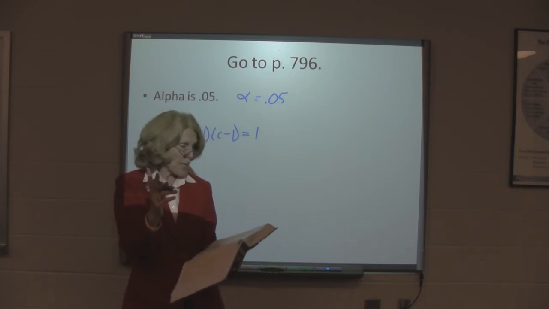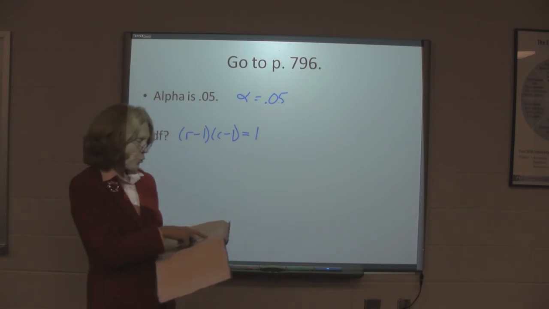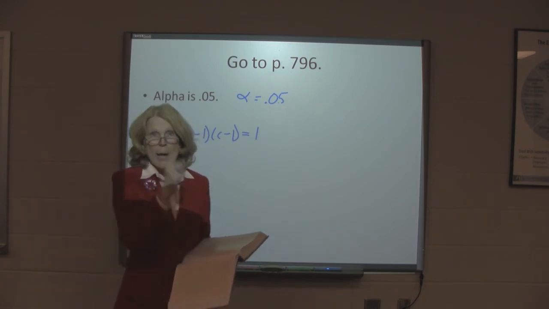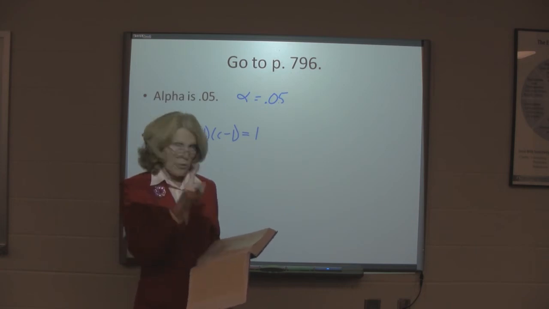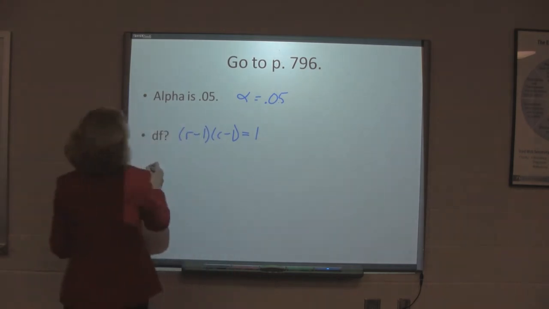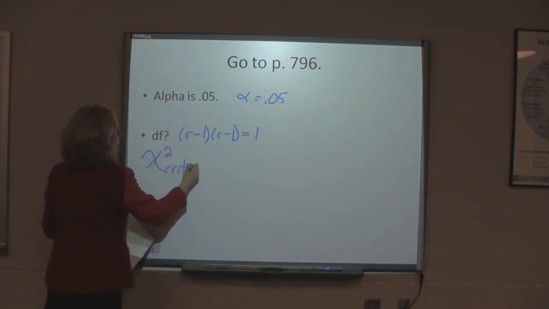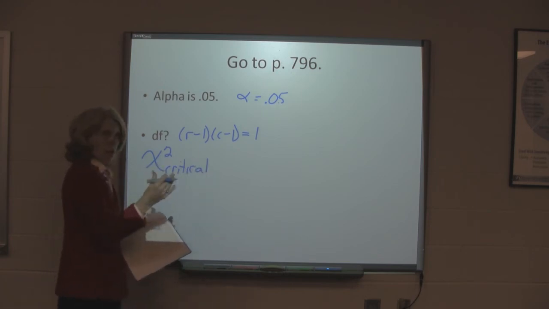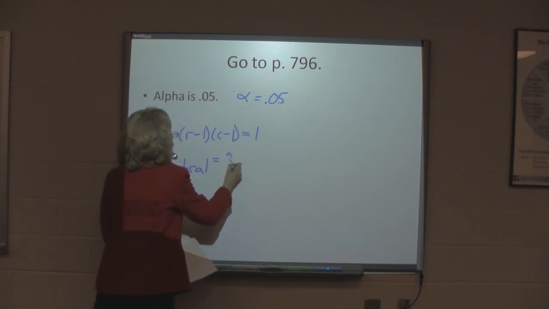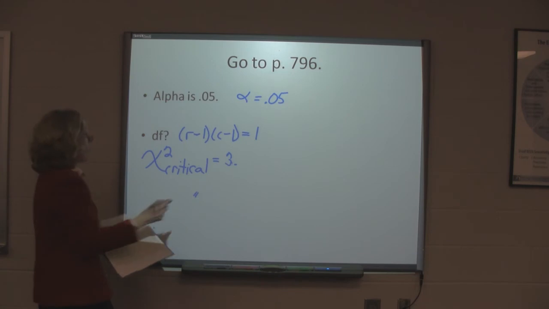Remember, it's a two-sided distribution but a one-sided test. So we will go to the 0.05 column, which is the fourth from the right, 1 degree of freedom, which is the top row. So the chi-square critical value from the table on page 796 is 3.841.